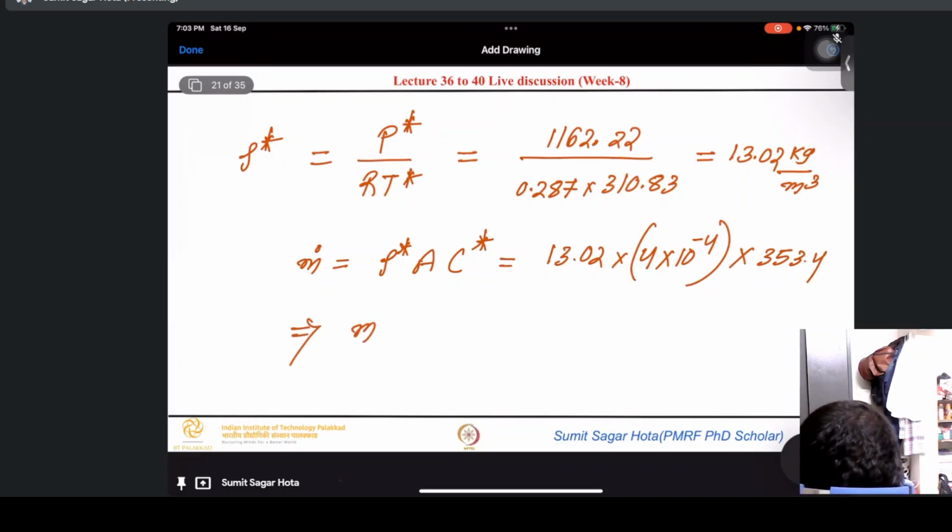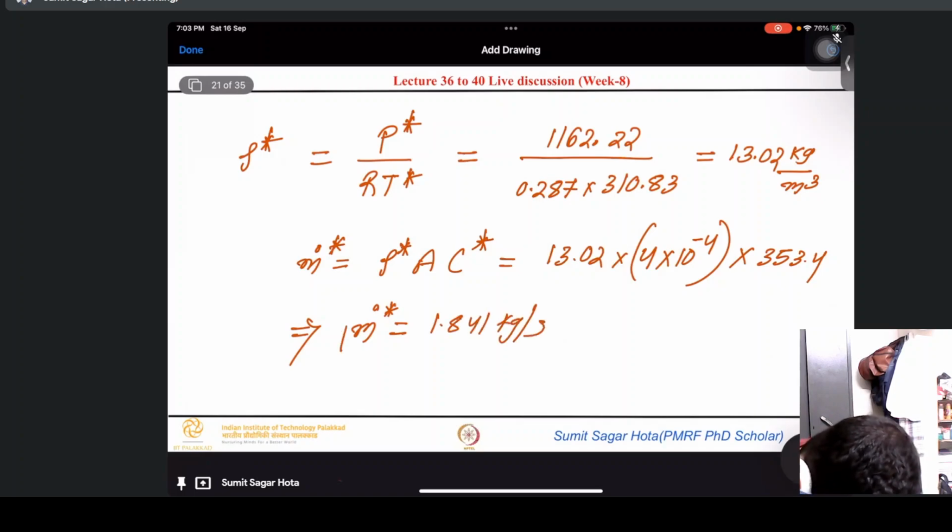Substitute. Find m dot, which is m dot star, as 1.841 kg per second.